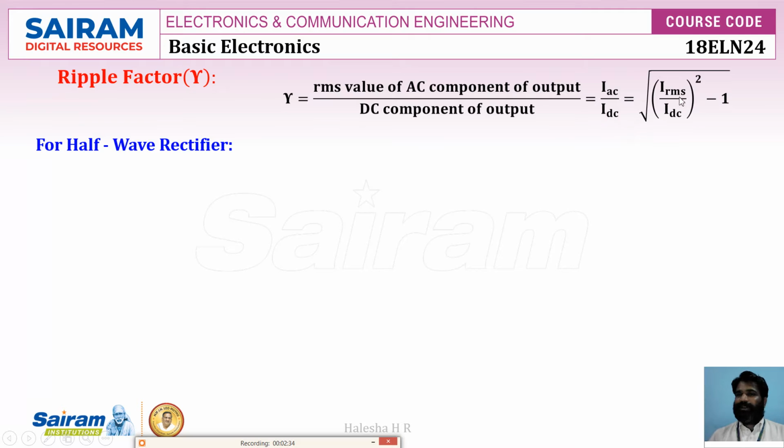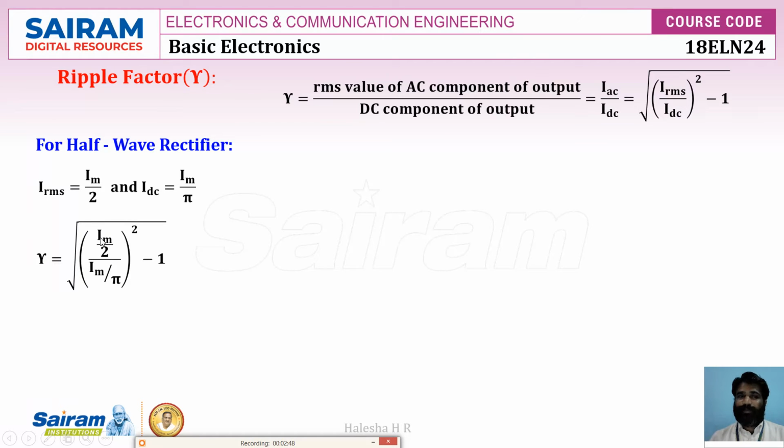Okay. With this general expression, we'll obtain the ripple factor for the half-wave rectifier. For the half-wave rectifier, as you know, IRMS is equal to Im by 2 and IDC is equal to Im by pi. Substitute this into the general expression: Im by 2 divided by Im by pi, whole square, minus 1. Further you reduce: Im by 2 into pi by Im gets cancelled.